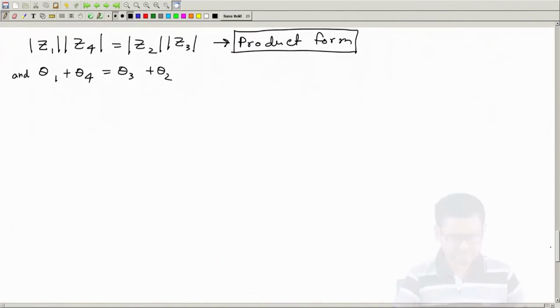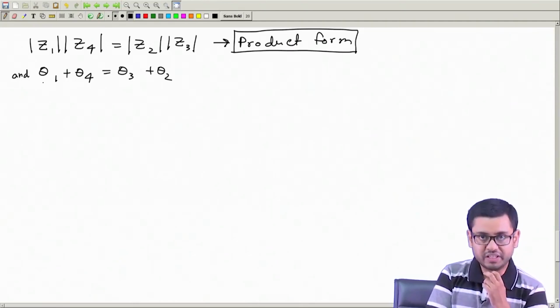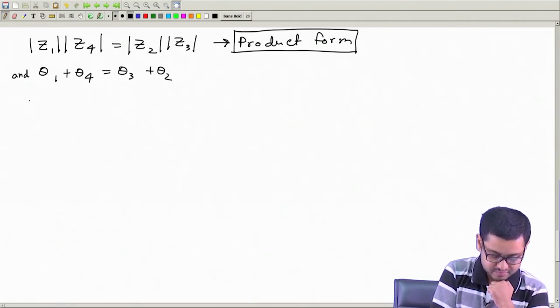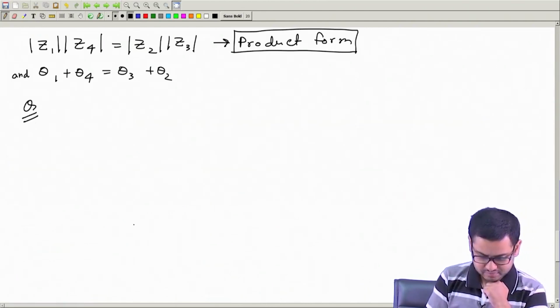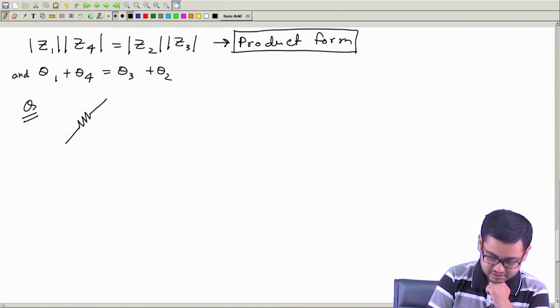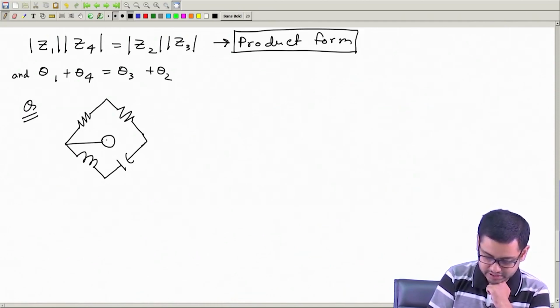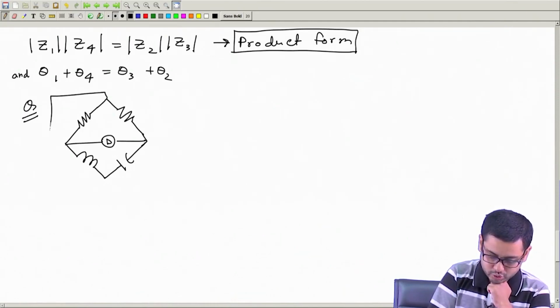Okay. Now, before we progress, a small quiz, small question for you. If I give you this bridge, say I have a resistance, another resistance, here I have an inductor, here I have a capacitor, and you can put the detector and the source.